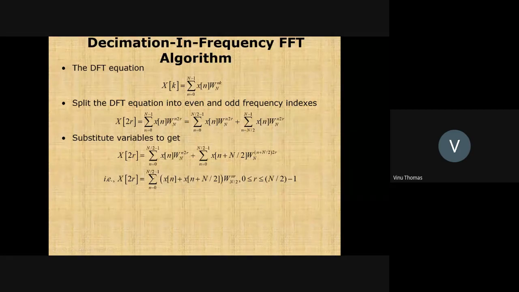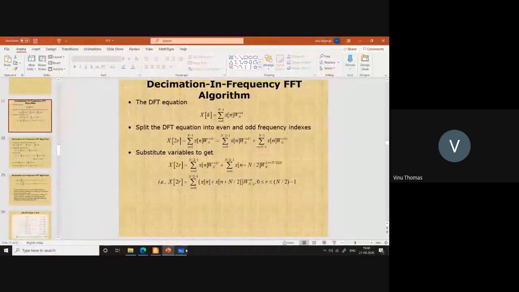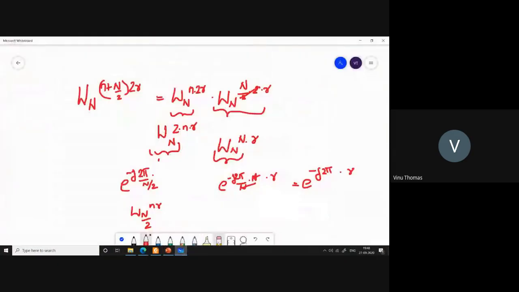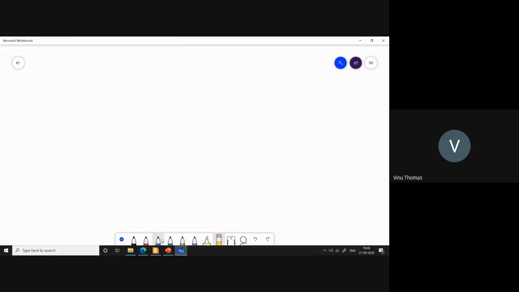So the first half of the input signal is added to the second half of the input signal. So you have a new sequence here.